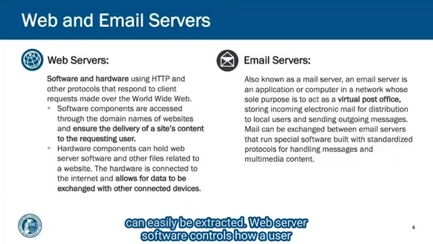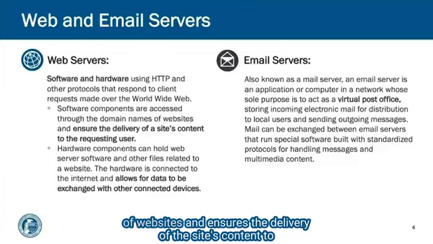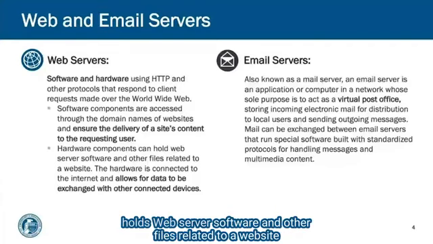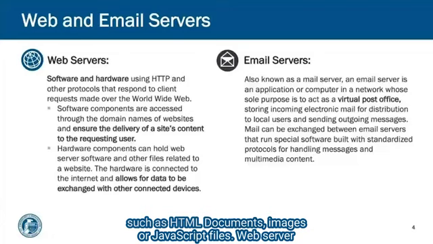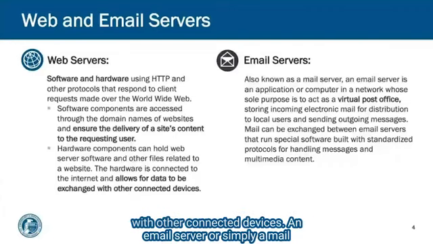Web server software controls how a user accesses hosted files. It is accessed through the domain names of websites and ensures the delivery of the site's content to the requesting user. As hardware, a web server is a computer that holds web server software and other files related to a website, such as HTML documents, images, or JavaScript files. Web server hardware is connected to the internet and allows data to be exchanged with other connected devices.